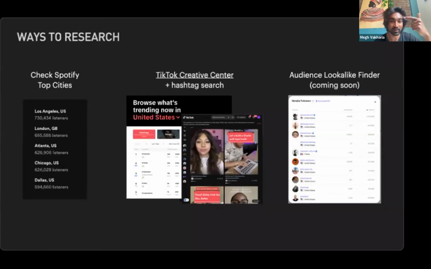The TikTok Creative Center, hashtag search, gives you ideas of things you can make, especially because I know nowadays content is so king that artists sometimes get tapped out of ideas, which is totally fine. It's just a nice way to broaden your thinking around it. And then the audience lookalike finder: even if you don't have enough data on what your audience looks like, you could still put in another larger artist that is maybe a few years down the line from you and learn what their audience looks like.